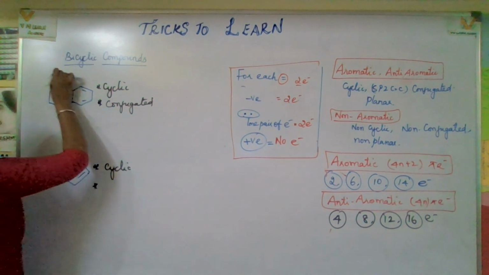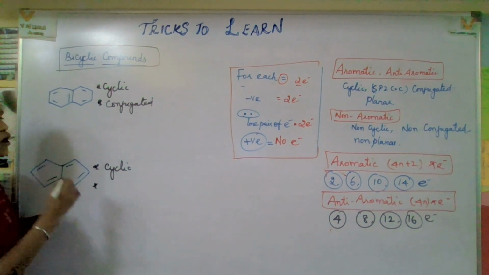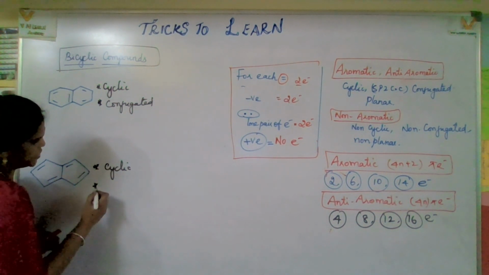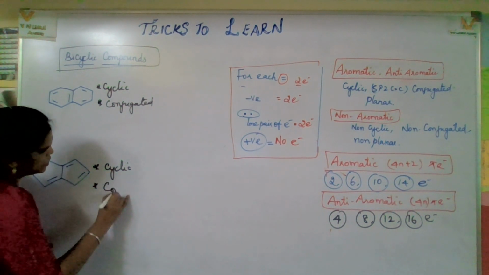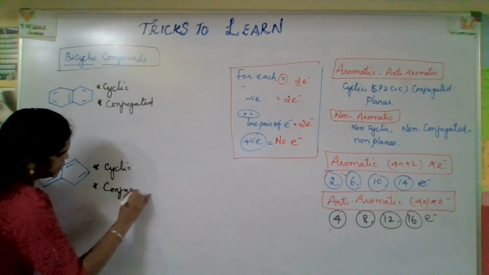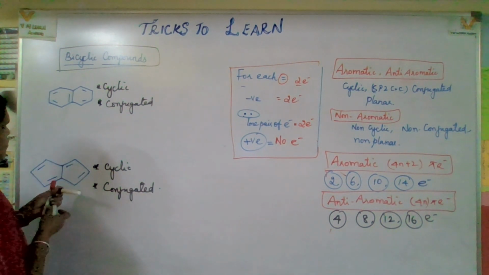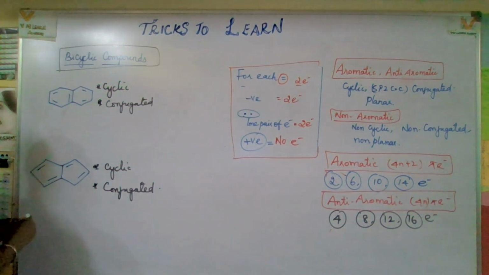Why I mentioned this here? Because it is a bicyclic compound, not only one cyclic compound, even two cyclic compounds together, and this is also conjugated, with alternate double bonds. Now let us consider how many electrons are available. For each double bond, 2 electrons.